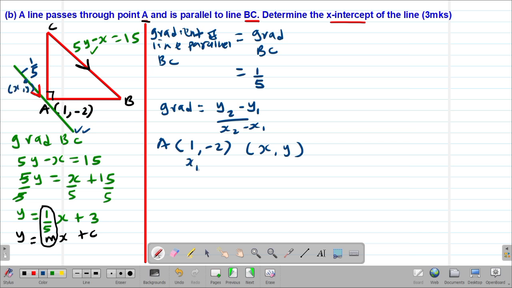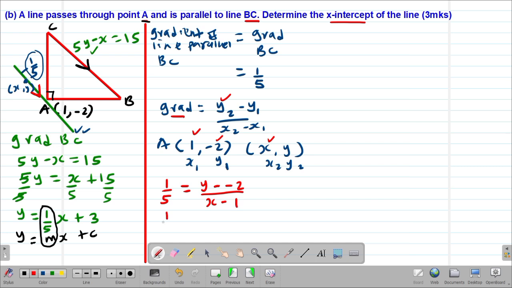So this is x1, y1, and this is x2, y2. If I substitute, the gradient is 1 over 5, which should give me y minus y1, which is negative 2, so minus minus 2, divided by x minus x1, which is 1.